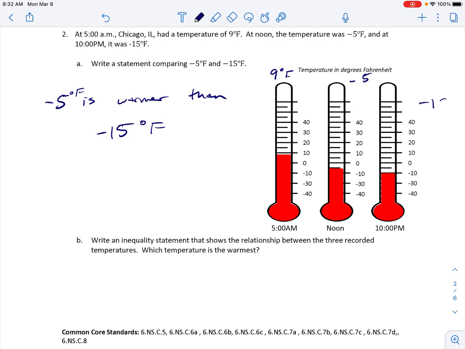And this is negative 10 degrees. Okay. So from least to greatest, I will have negative 10 degrees Fahrenheit is less than negative 5 degrees Fahrenheit, which is less than 9.